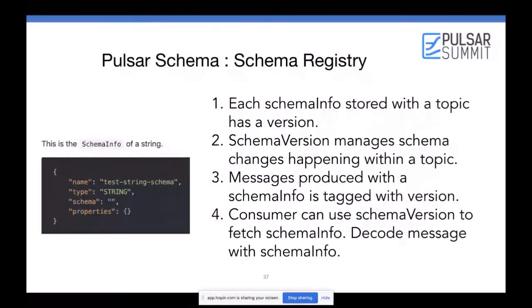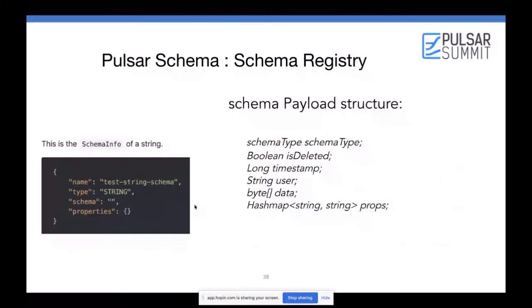So user schema version 1, user schema version 2, user schema version 3. These are all different versions of the same domain object user, and the producer could have encoded with any of them, and that will be known from the message itself because it carries the version. Like we discussed earlier, the consumer can use the schema version to fetch the schema info and decode the message with it.